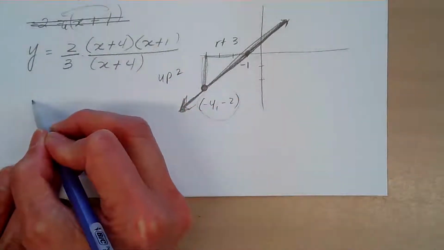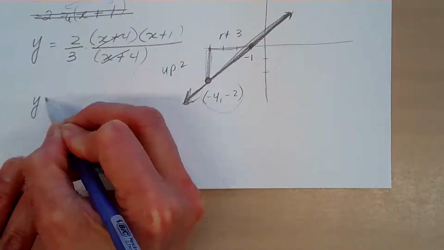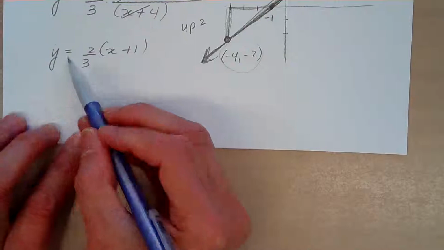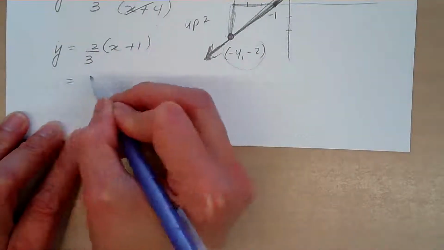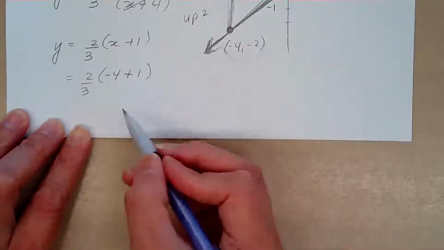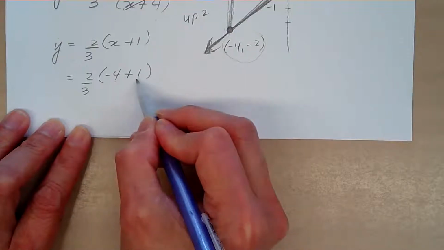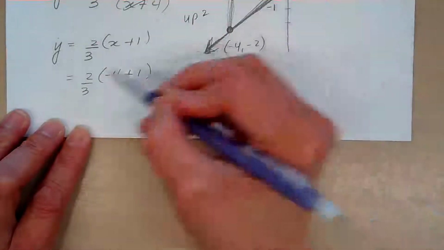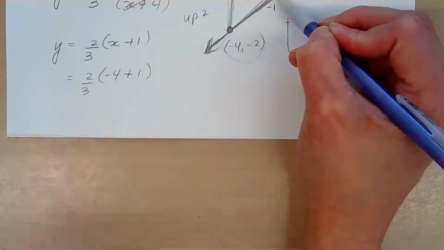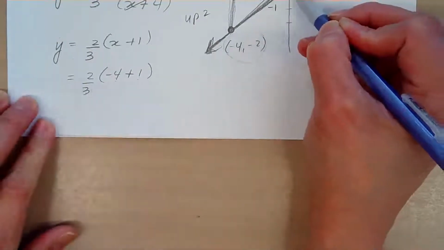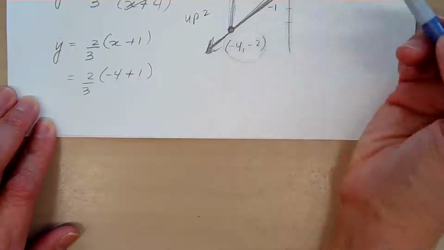Let's see. This cancels. So if this is -4, plus 1, we've got to find out the y-intercept here.